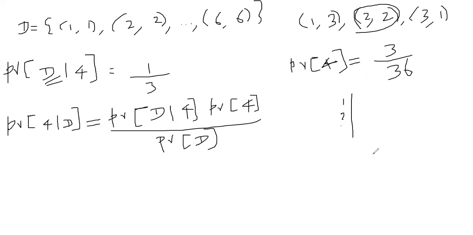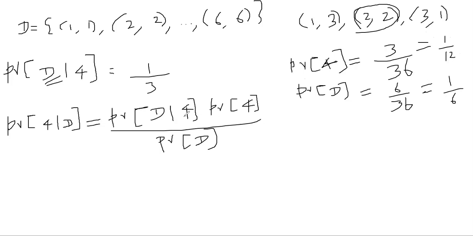That's the reason why the probability of getting a 4 is 3 over 36, which is 1 over 12. Hopefully that is clear. What is the probability of getting a double? That is easy to compute also. There are only 6 doubles possible, 1 1, 2 2, up to 6 6, out of the 36 pairs, which simplifies to 1 over 6.